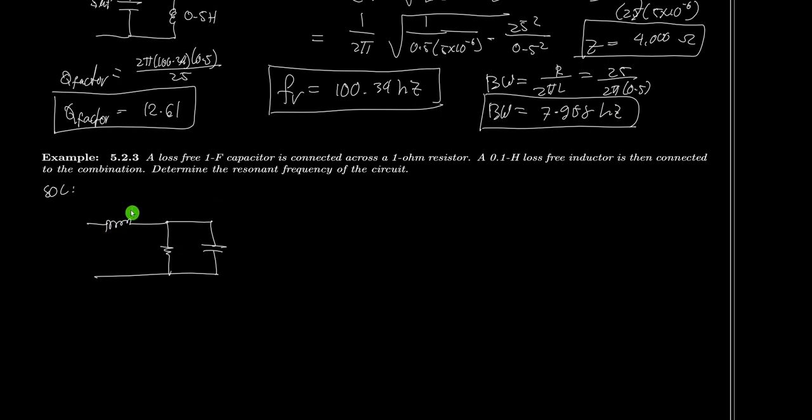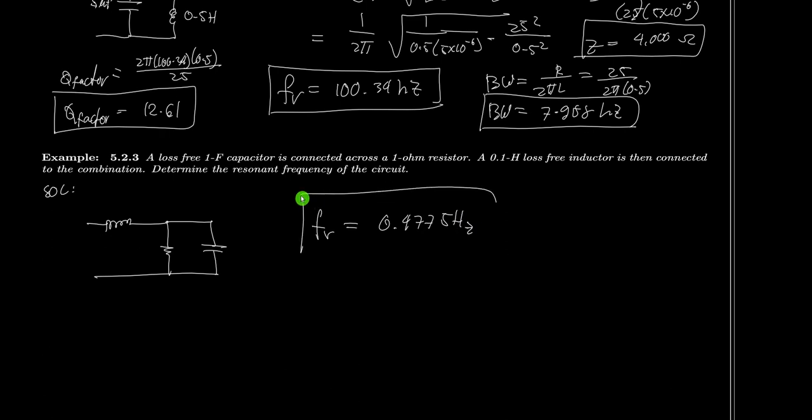So if you have a circuit like this one, the problem is to determine the resonant frequency of the system. You can derive the resonant frequency of this type of system. I can just give you the answer for the resonant frequency, and you can derive it on your own. This should be equal to 0.4775 hertz.